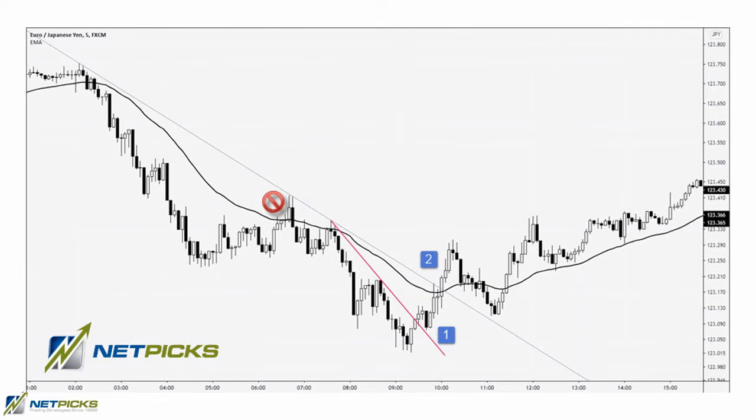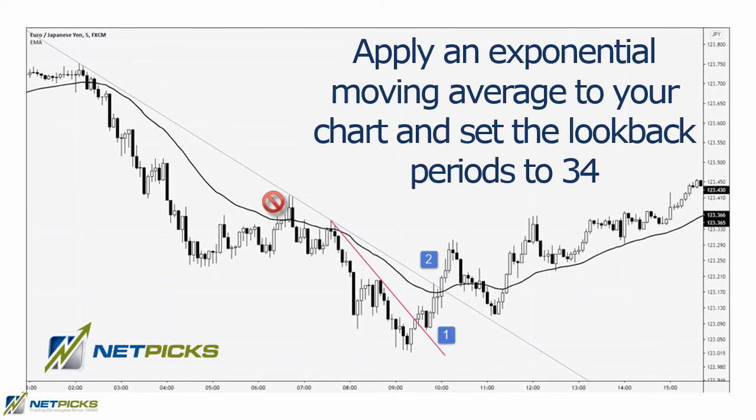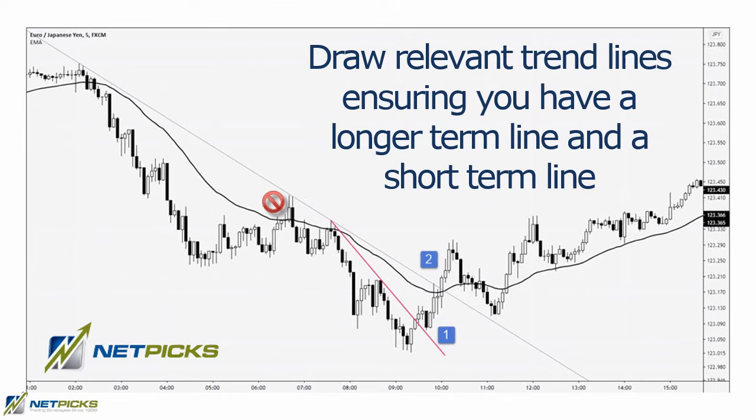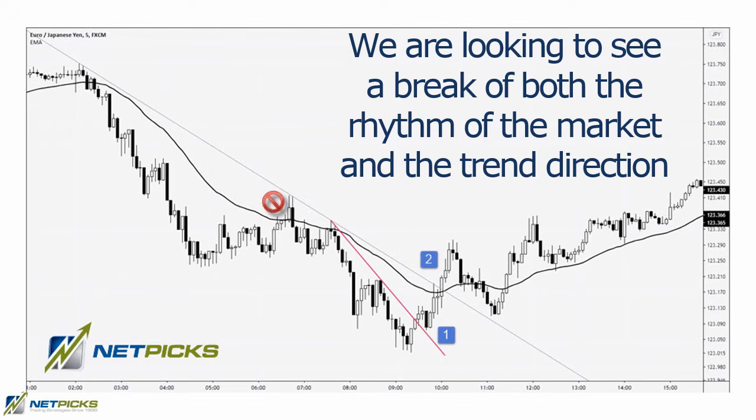Same chart, both the trend lines and the 34 EMA. So let's break it down here. You put the exponential moving average on your chart, set it to 34. It's an EMA. Draw your relevant trend lines, ensuring that you have a longer term trend line and a shorter term trend line. So what we're looking for is we want to see a break of both the rhythm of the market and the trend direction.